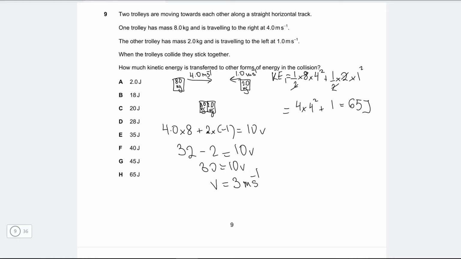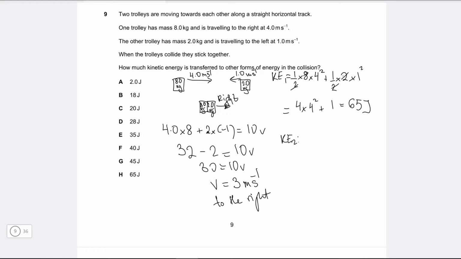So this means that the resultant velocity is going to be to the right in terms of direction. So to the right, just like that. Let's write it to the right over here. Okay, well, let's calculate the final kinetic energy now. Let's call that kinetic energy 2.